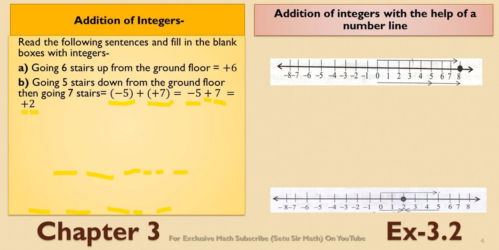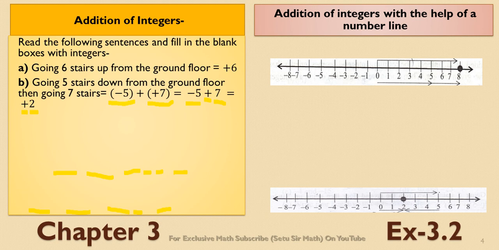If we make the sum of these two and apply the plus and minus sign rule, we get minus 5 and plus 7. Applying the multiplication rule of plus and minus, plus times minus would be minus, so we have to do subtraction here.